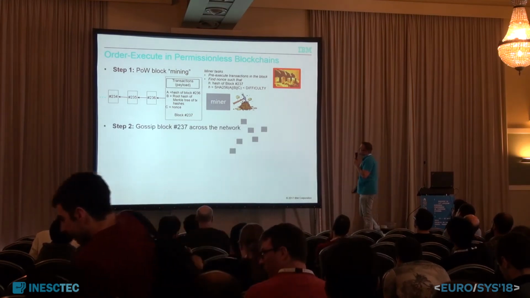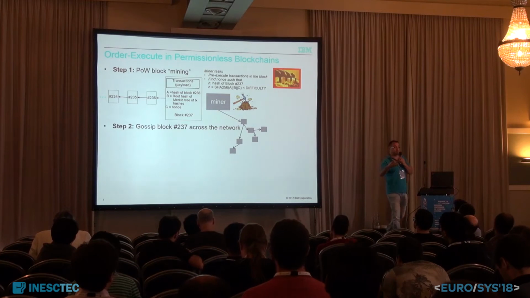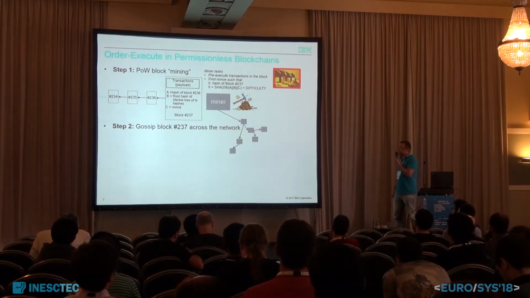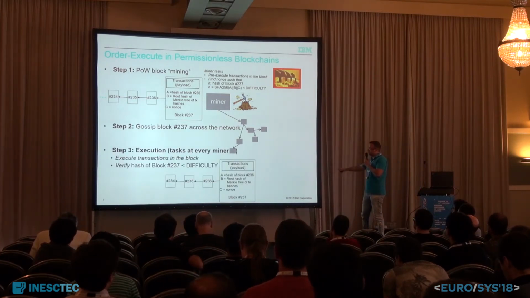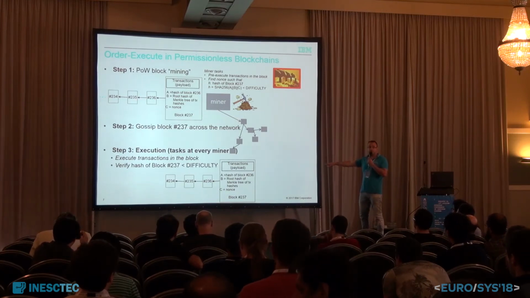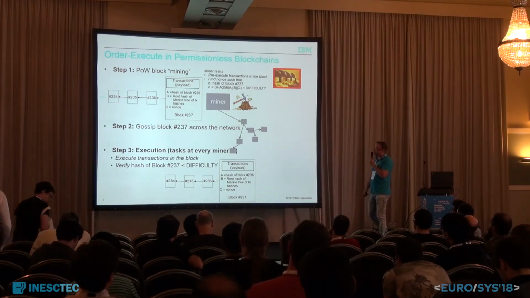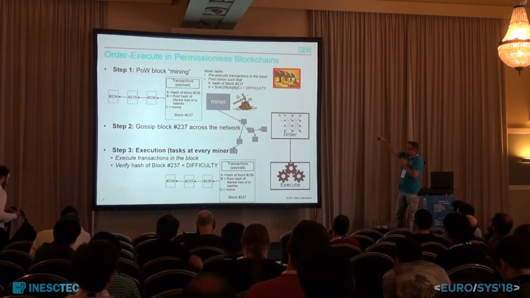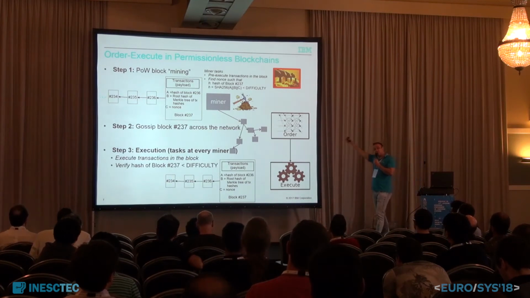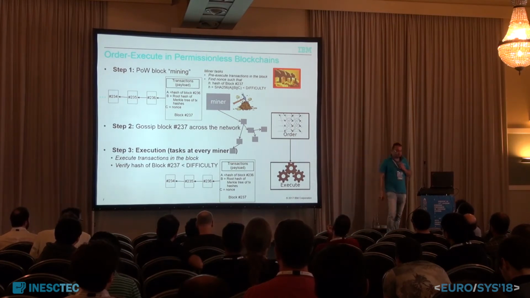Then this block, when it's found by the miner, is disseminated via gossip along the network. And what all the miners do in the end is validate the block, which consists of executing all the transactions in the block and just doing a simple hash to validate the block. So essentially this is one example of order-execute, because we order first using this consensus called proof of work, and then we execute transactions in order at every node.